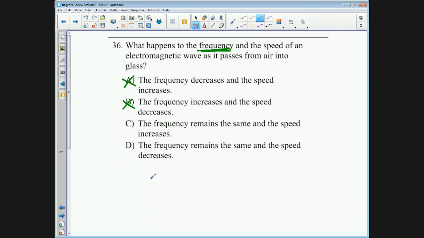Next, we're going from air to glass. Air is where the speed of light is the fastest. All right, it's the fastest. So if it goes into glass, then it has to decrease. So by process of elimination, it's D. Okay.